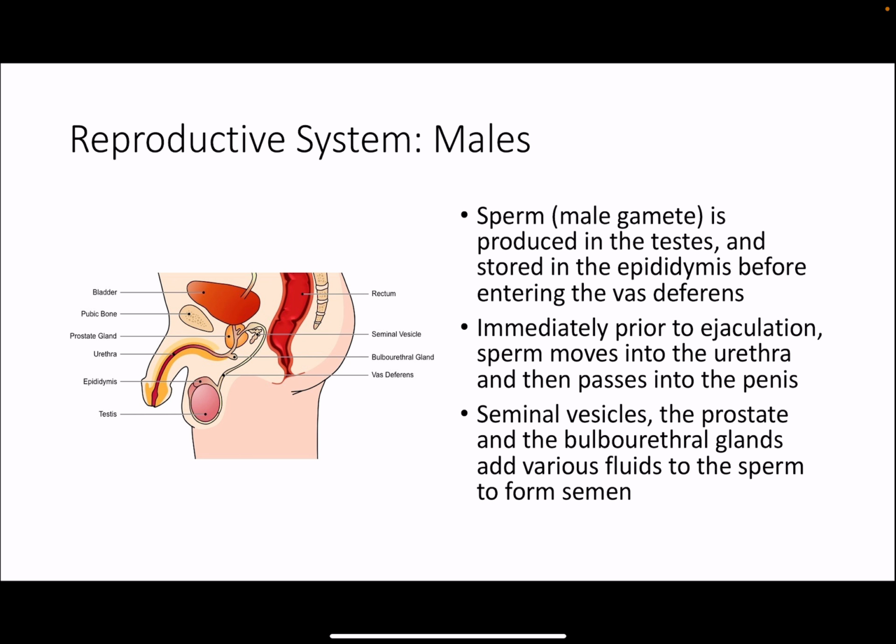So sperm cells are produced in the testes, and as they develop, they move into a structure known as the epididymis. The cells are stored there until ejaculation occurs, and at this point, the sperm then travel through the vas deferens, and as they travel through the vas deferens, the seminal vesicles, prostate, and the bulbourethral gland secrete fluids which actually nourish and protect the sperm cells before they pass into the urethra and begin to travel in search of an egg.